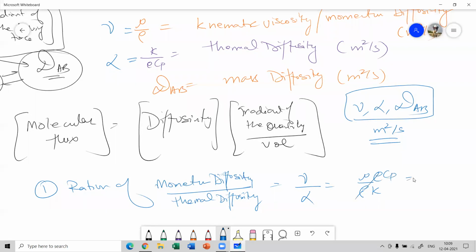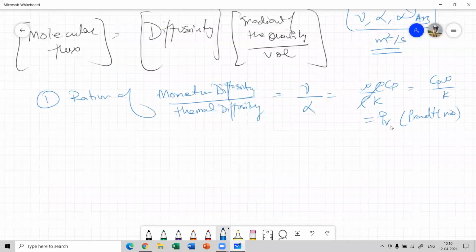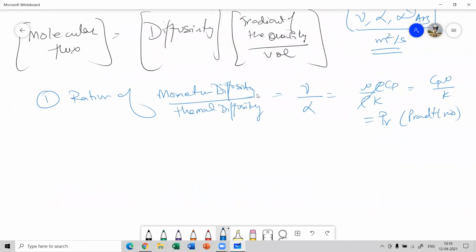So if you simplify, it is Cp mu by k. And what is Cp mu by k? It is your Prandtl number, Pr. Prandtl number is nothing but the ratio of momentum diffusivity to thermal diffusivity. So remember, this ratio of momentum diffusivity to thermal diffusivity leads to a dimensionless term, which is called the Prandtl number.